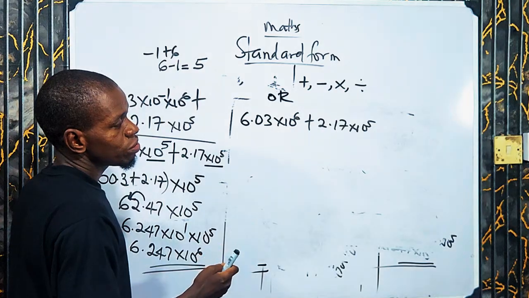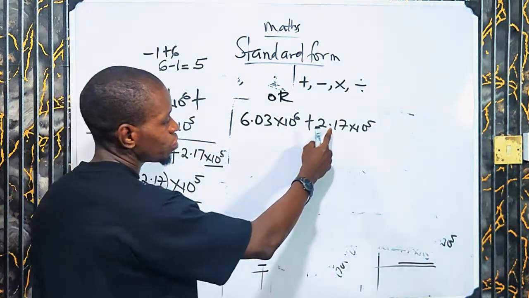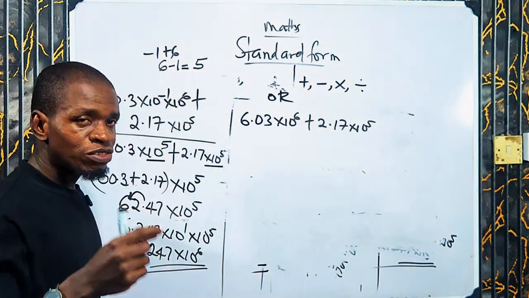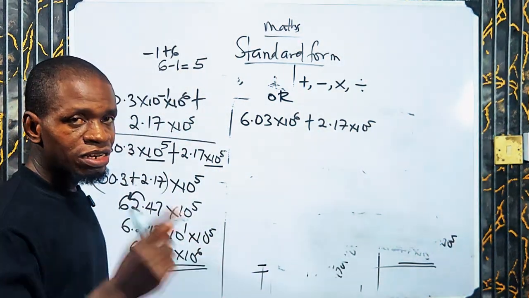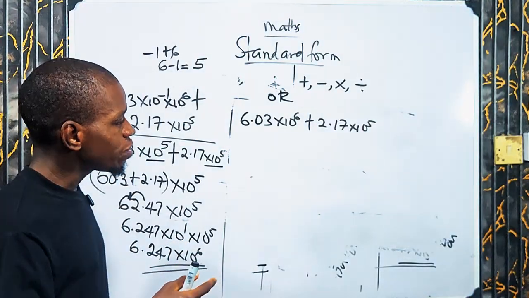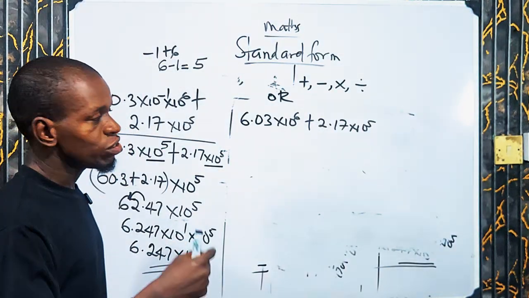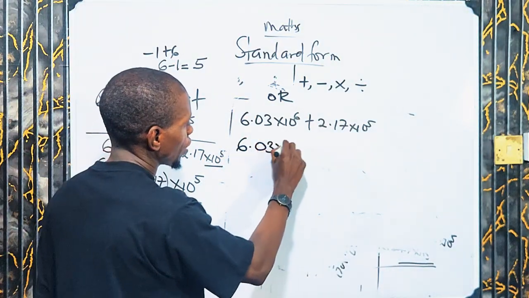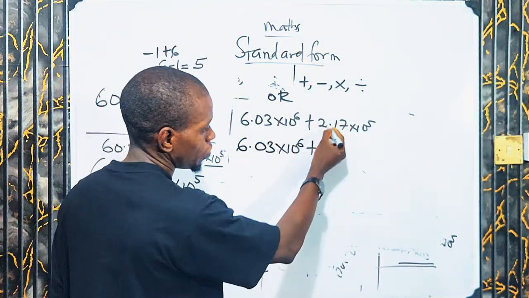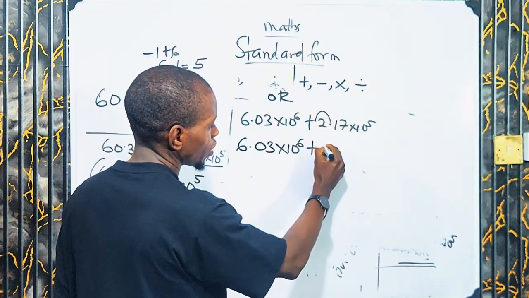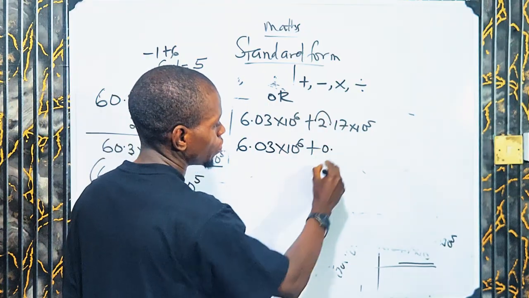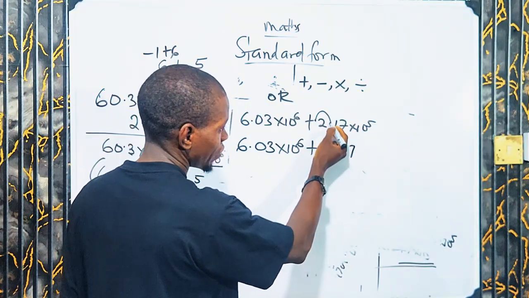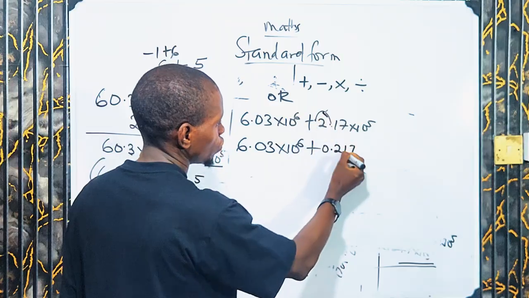Remember, what do you do? How do I move my point to get a positive n? Remember what I told you: if you're moving your point from back to front, it's going to be a positive n. So which means I'm going to have 6.03 times 10 raised to the power 6 plus, from back to front, 0.217.